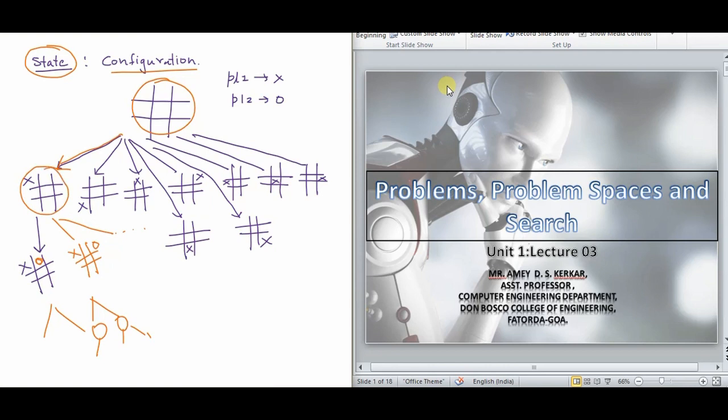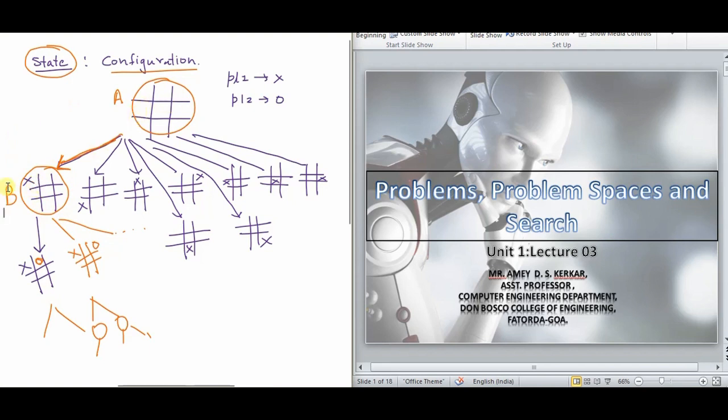I will call this initial state A. Then after applying this particular rule, I will call this state B. So from the initial state, that is A, after applying a particular rule of marking X onto the leftmost cell, the configuration changes to the current state, that is B.